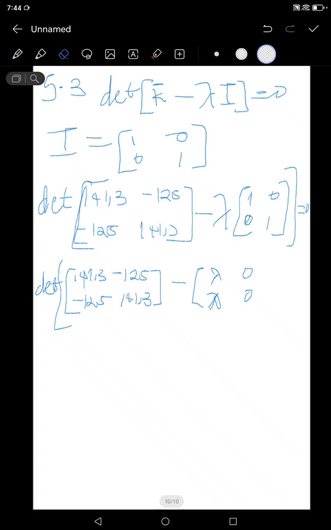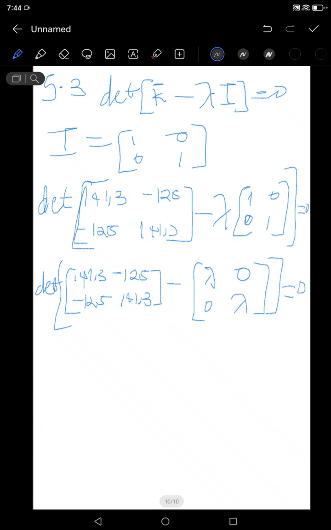Sheza, I'm lying, mistake here. It's gonna be negative, lambda, 0, 0, lambda. Okay, or equals to 0. So from here we're gonna say 141.3 minus lambda, 141.3 minus lambda.